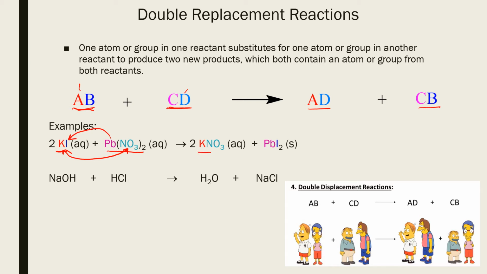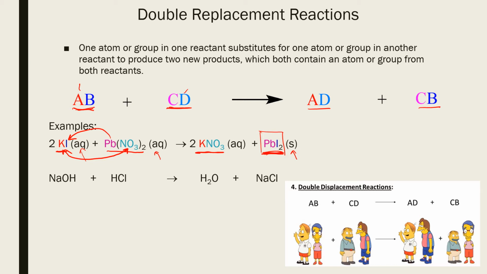The resulting products will be potassium nitrate and lead iodide. In this reaction, aq means these chemicals are soluble in water, and s means solid. So lead iodide will be a solid powder. It would appear as a precipitate in a solution.